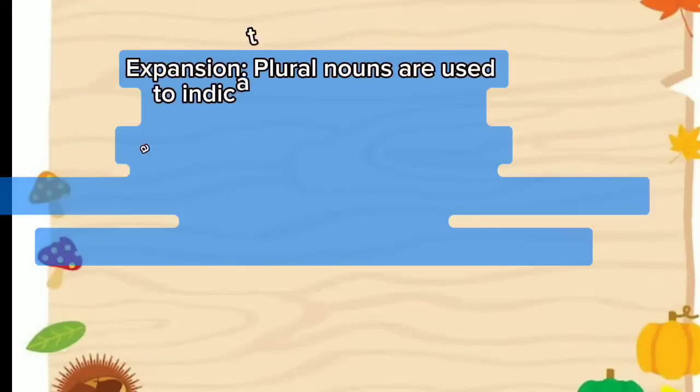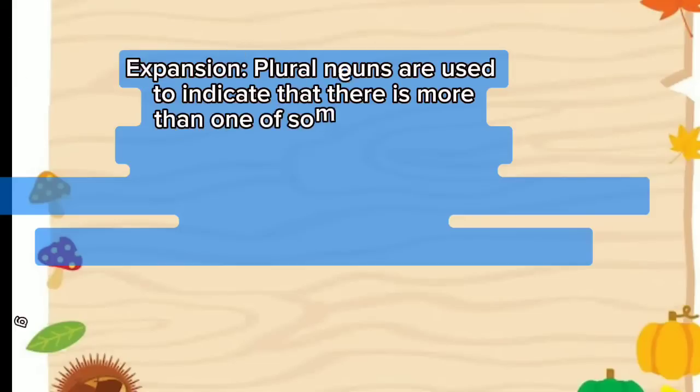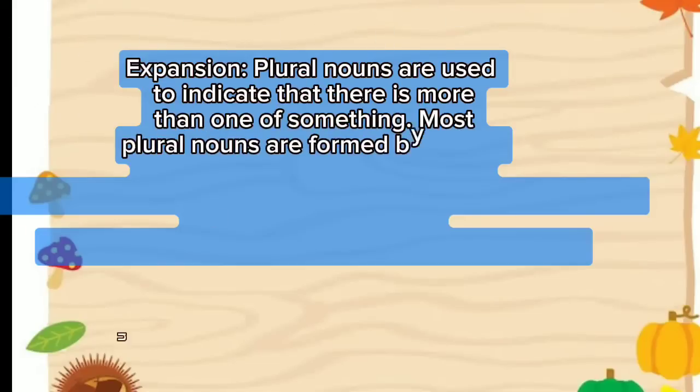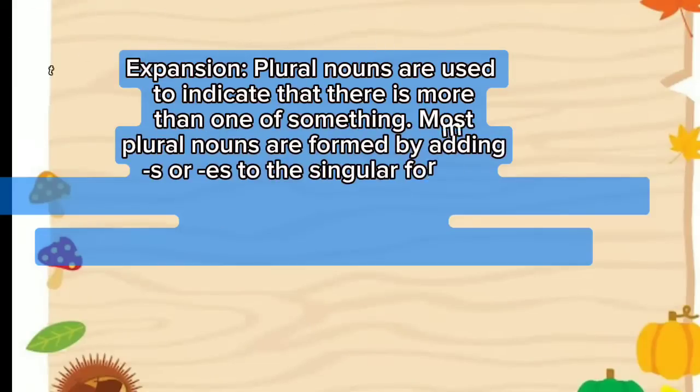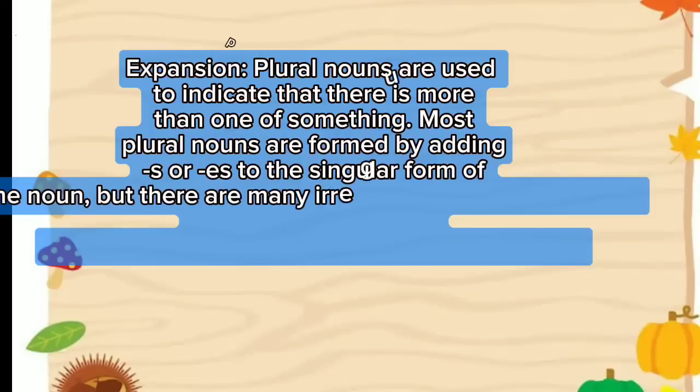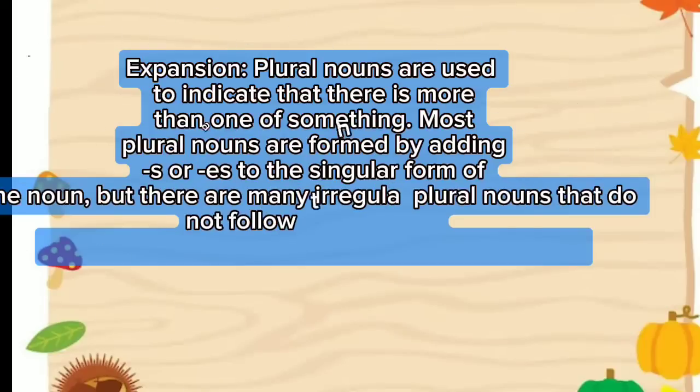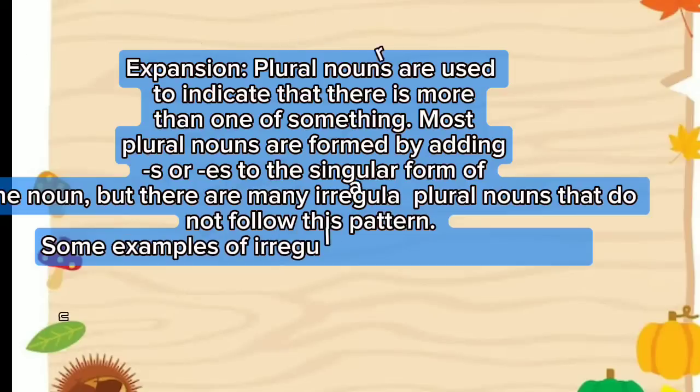Expansion: plural nouns are used to indicate that there is more than one of something. Most plural nouns are formed by adding s or es to the singular form of the noun, but there are many irregular plural nouns that do not follow this pattern.